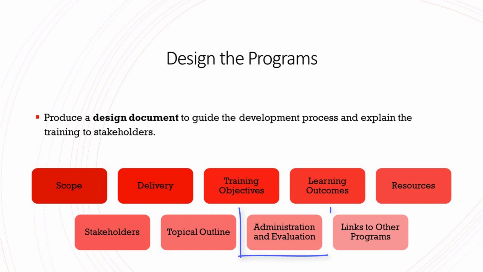The design document also describes the administration and evaluation plan and explains how the program is related to, yet different from, other courses in the curriculum. Once again, we rely on the data from the needs assessment process to inform the design process.